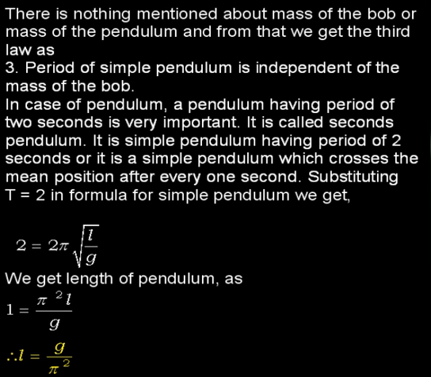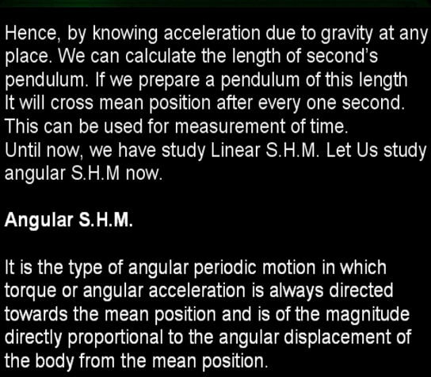Substituting T equal to 2 seconds in the formula for period of simple pendulum, we get the length of simple pendulum as g upon pi square. Hence, by knowing acceleration due to gravity at any place, we can calculate the length of seconds pendulum. If we prepare a pendulum of this length, it will cross the mean position after every 1 second, which can be used for measurement of time.